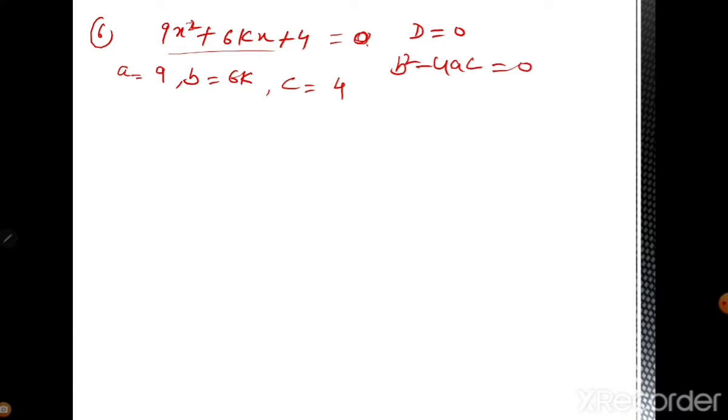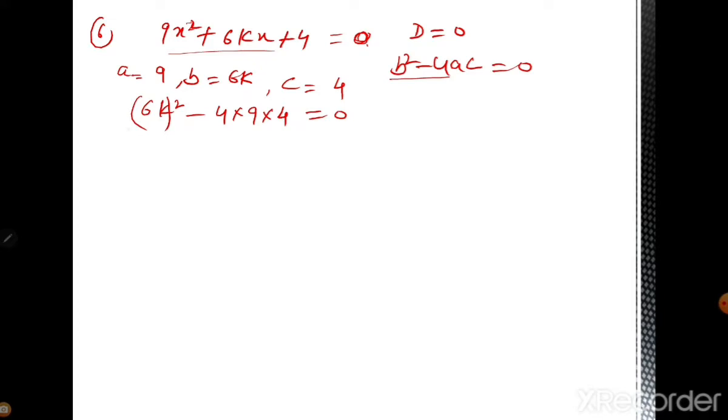A is the coefficient of x square. So we'll substitute all these values in the formula B square minus 4AC. D is the discriminant, and its formula is B square minus 4AC. So B square means 6k square. We'll substitute 6k here and take its square. And minus 4A, A is 9 and C is 4, and it will be equal to 0.